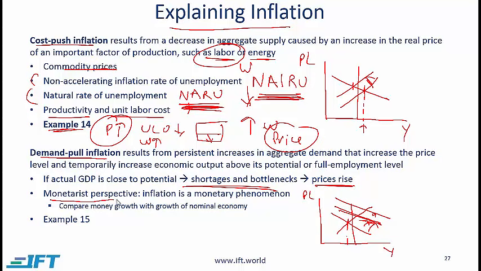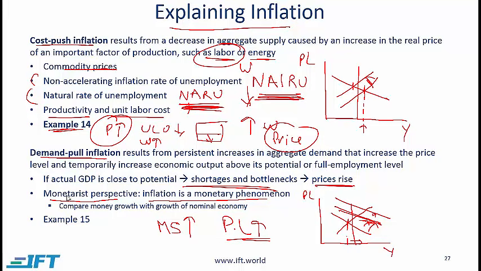The monetarist perspective is that inflation is a monetary phenomenon. The simplistic explanation here is that if monetary authorities increase money supply at a very high rate, let's say at a rate higher than the growth rate of potential GDP, then we have a large amount of money chasing a relatively small amount of goods and services, and obviously then price levels will go up.